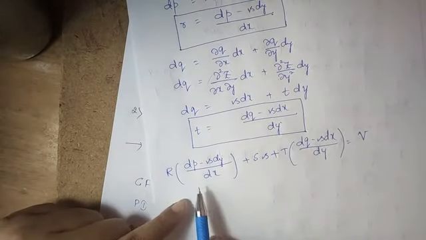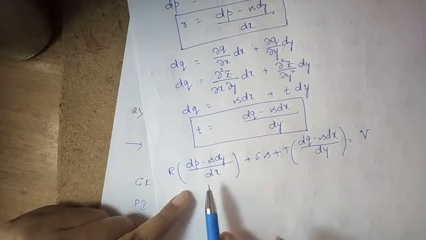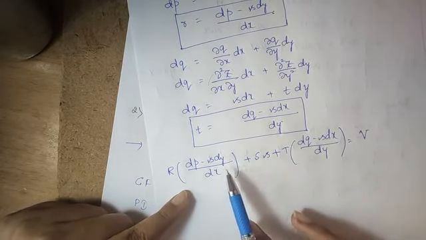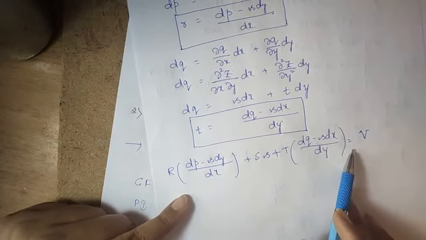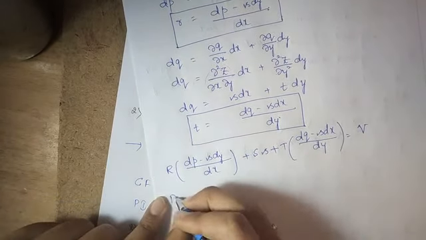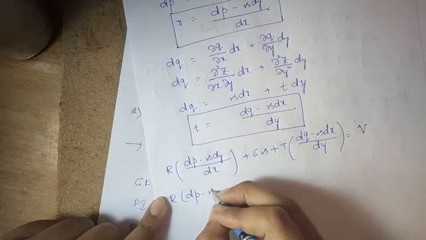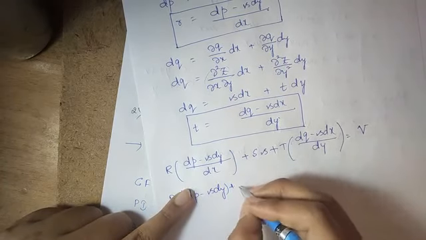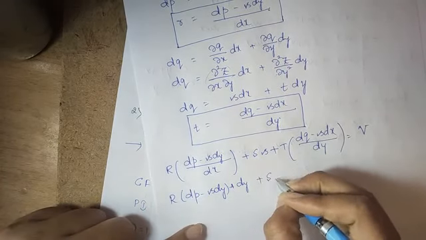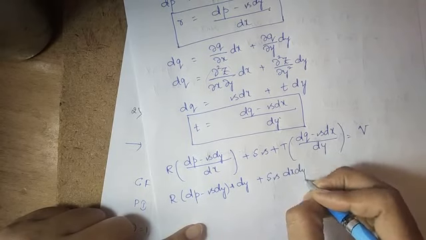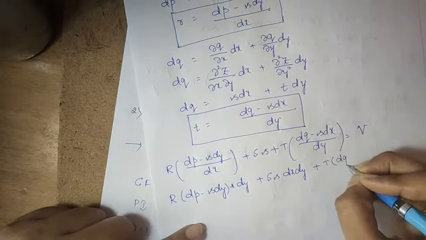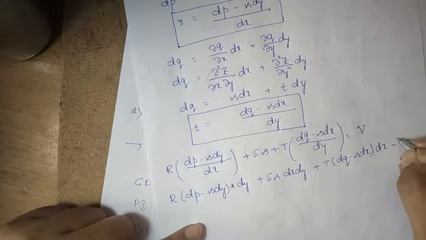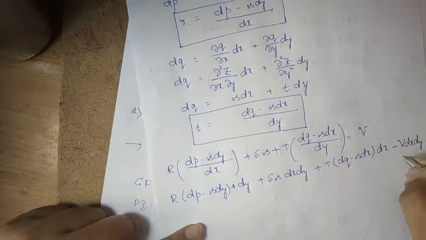Now in order to cancel dx and dy, I will multiply the whole equation by dx dy. So what will I get? R into (dp minus s dy) into dy, so dx gets cancelled, plus s into s dx dy, plus t into (dq minus s dx) into dx, minus v into dx dy is equal to 0.